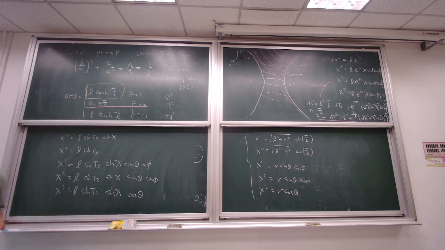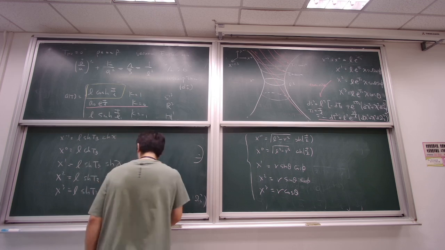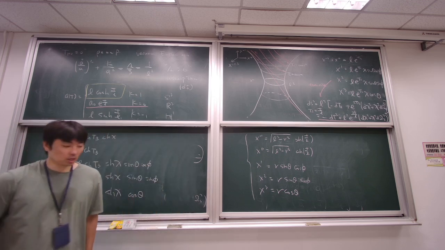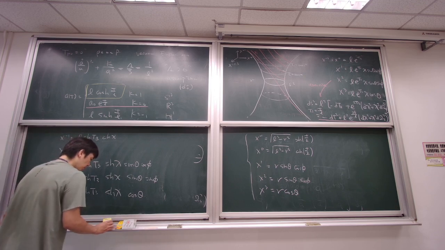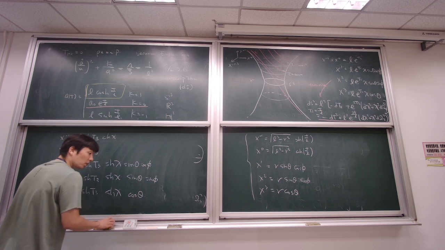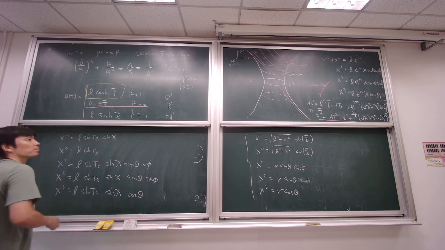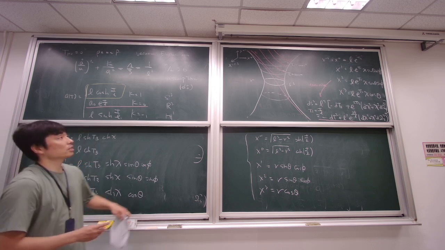Arbitrary? Yeah, to satisfy the equation. Yes. And then to satisfy this equation, we need to get the correct metric. So to get this induced metric, what we need is that tau 3 is constant.